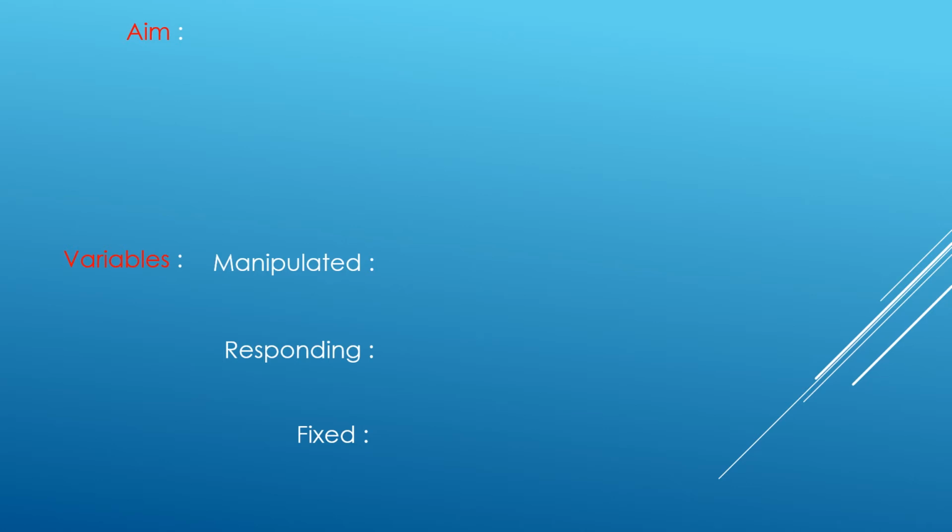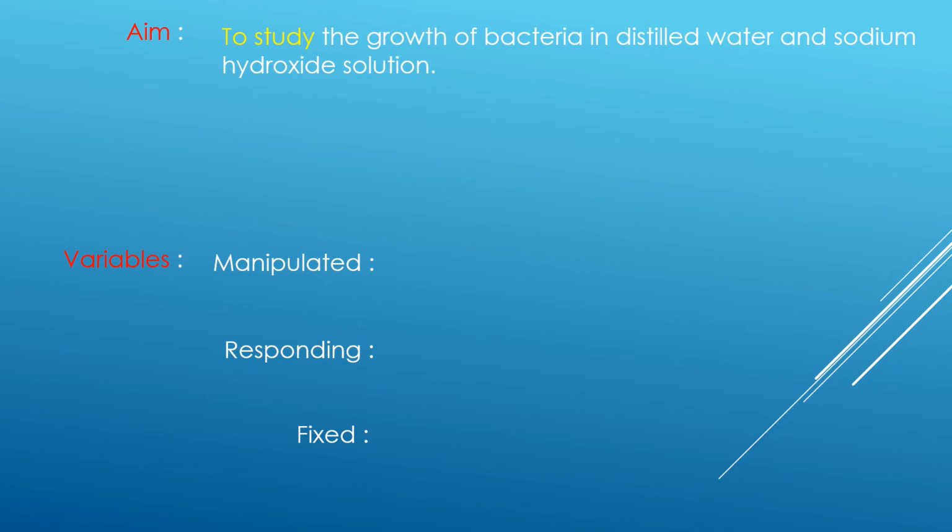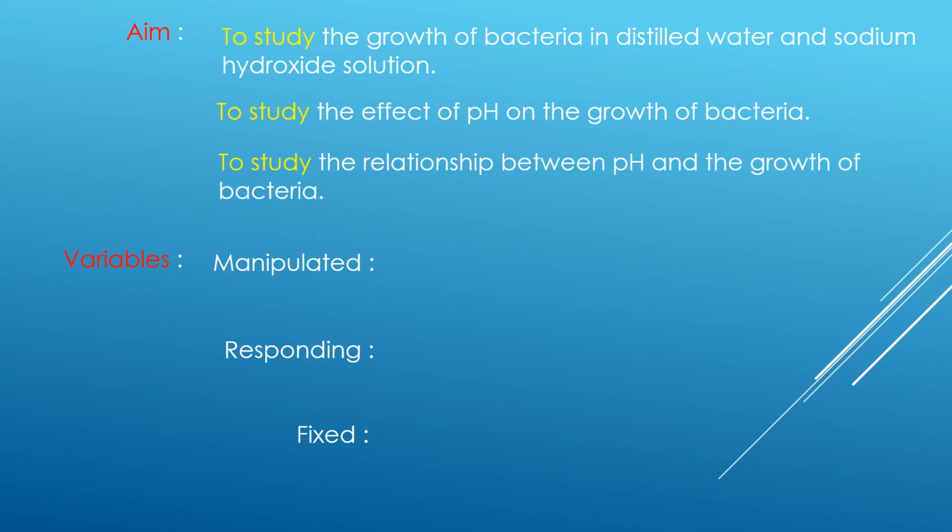So, here are the answers. To study the growth of bacteria in distilled water and sodium hydroxide solution, or to study the effects of pH on the growth of bacteria, or to study the relationship between pH and the growth of bacteria.